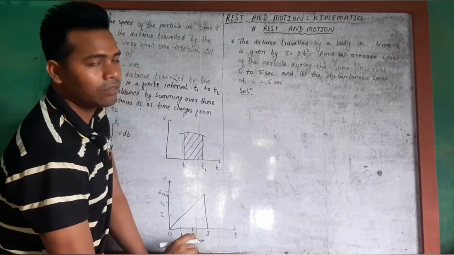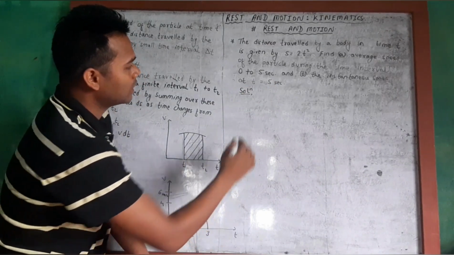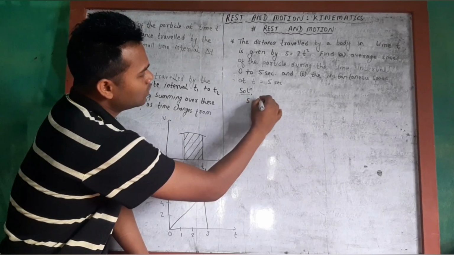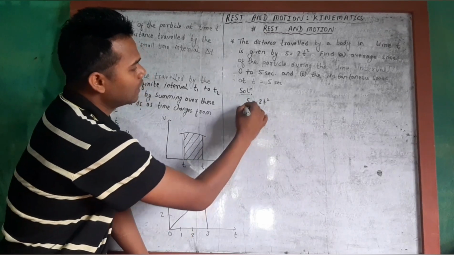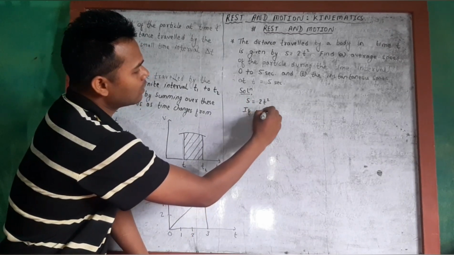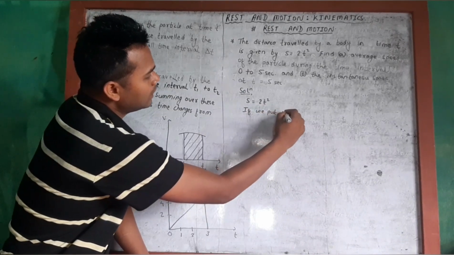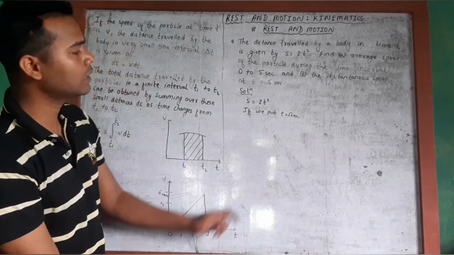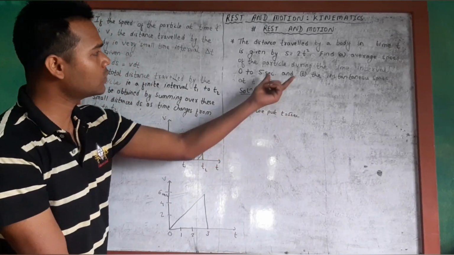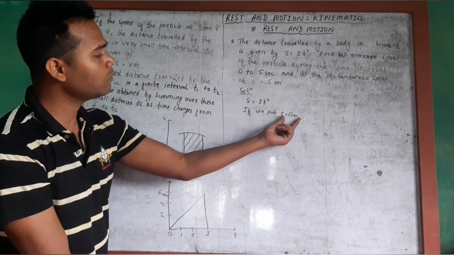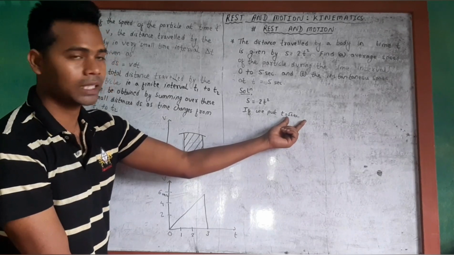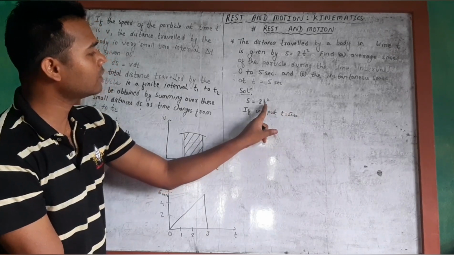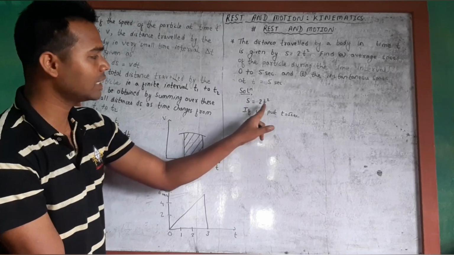Here distance is a function of time. That's why s is equal to 2t squared. If we put here t is equal to 5 seconds, then it will give the distance traveled by the body in the time interval from 0 to 5 seconds, because at t is equal to 0, the distance is 0.